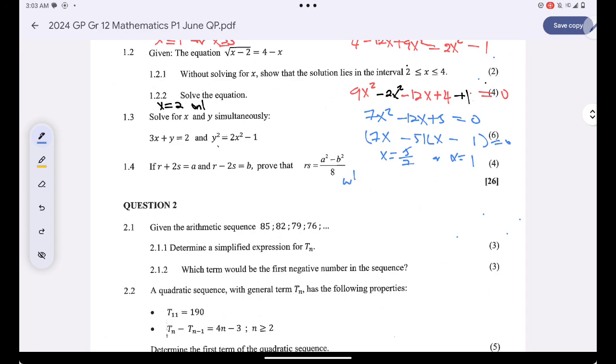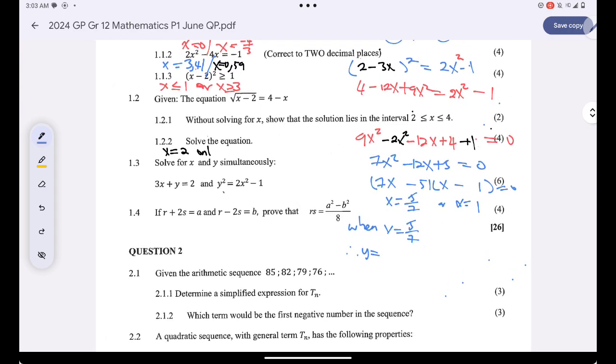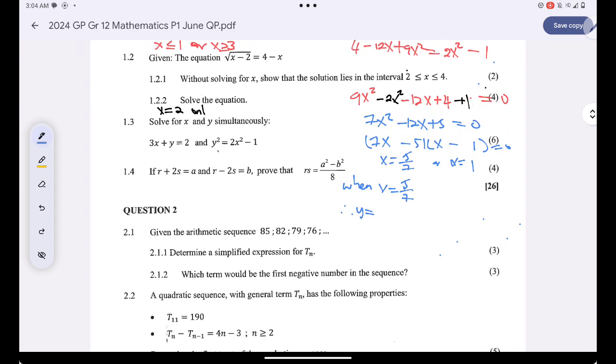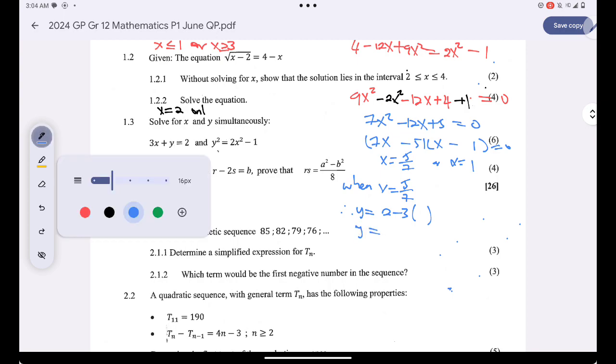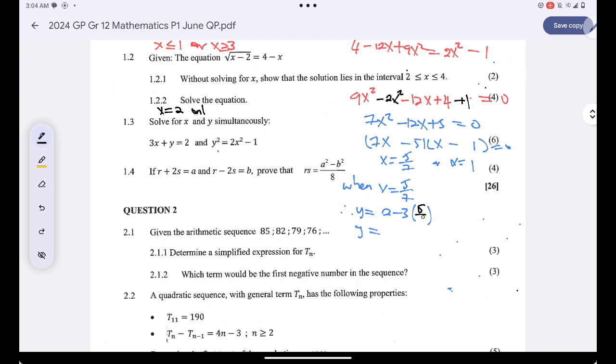I'll therefore say that when x is 5 over 7, y is equal to 2 minus 3x, and then our answer will be 14 minus 15 all over 7, which is negative 1 over 7.